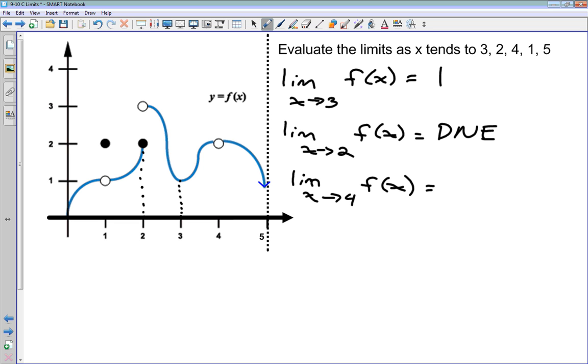So at x equals 4, our function does not exist right there. But what happens as we approach x equals 4 from either side? What do we notice here? Alana? It's tending towards a value of 2 on both sides. So our limit is 2, even though our function doesn't actually exist there.